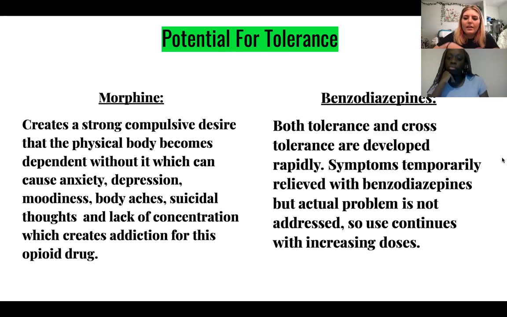This medication will help with the anxiety symptoms that you're experiencing, but the actual issue that's causing your anxiety is not going away with the medication, of course. So people will continually use this drug and increase their doses to get a stronger effect, and that is how tolerance can quickly develop.